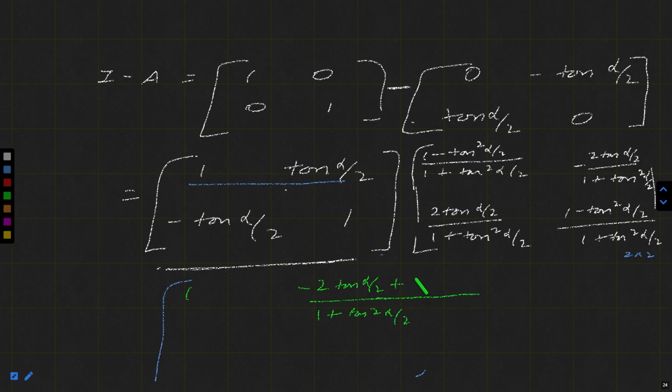You will have tan alpha by 2 minus, this tan alpha by 2 will be multiplied to this. What will you get? Tan alpha by 2 minus tan square alpha by 2 times tan alpha by 2, which will be tan cube alpha by 2.